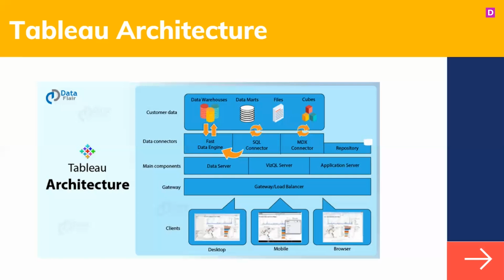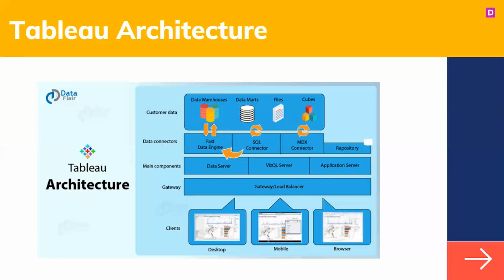Next is your main component layer, where you have a very important component like your data server, because that is the one which is going to monitor and regulate all of the functioning of the components of your data connector layer. It also includes your SQL layer and your application server.